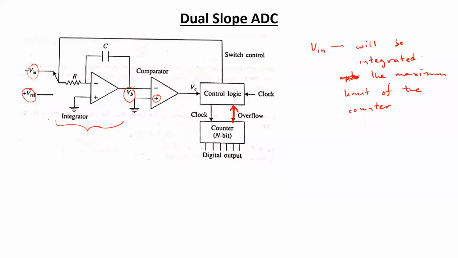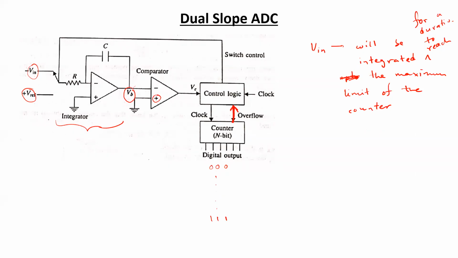Okay, then I should write it like this: for a duration to reach the maximum limit of the counter. So when the counter reaches its maximum limit, suppose if it is a 3-bit counter, then the counter is supposed to start from 0, 0, 0, and its maximum limit is up to 1, 1, 1.